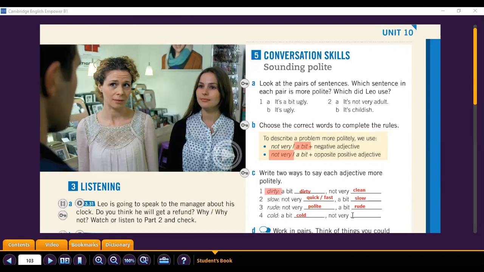Okay, I have two options right here. Very good. It's not very warm. Me dijeron por ahí, no está muy abrigado. O no está muy caliente, ¿no es cierto? Hot.